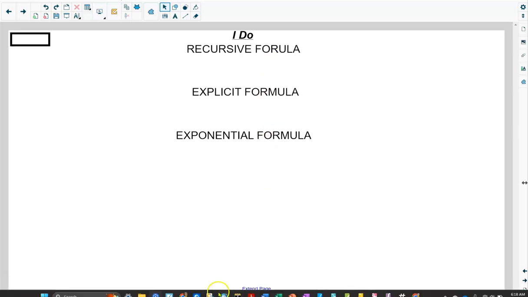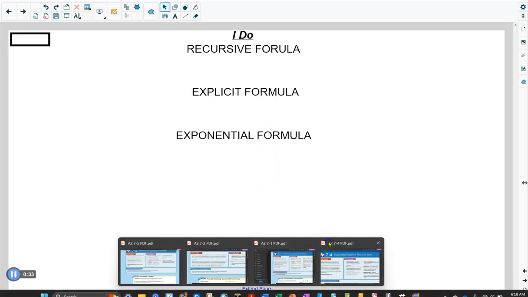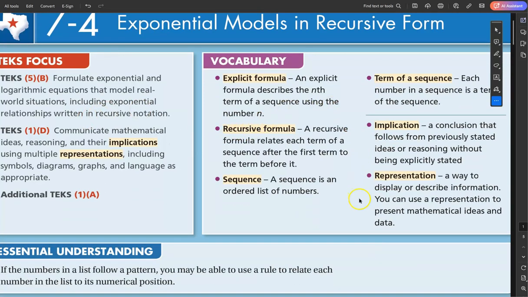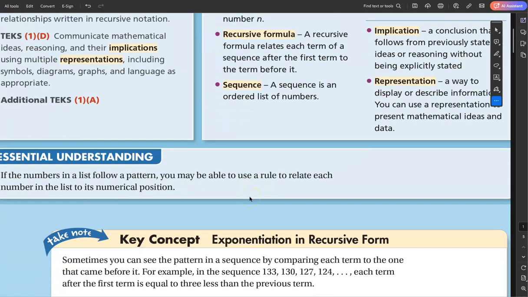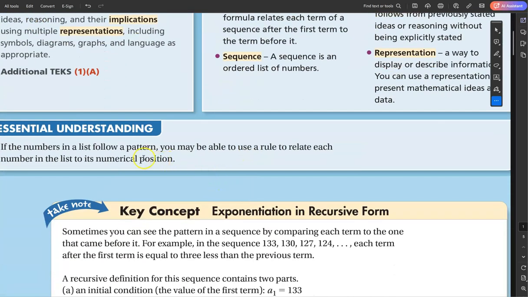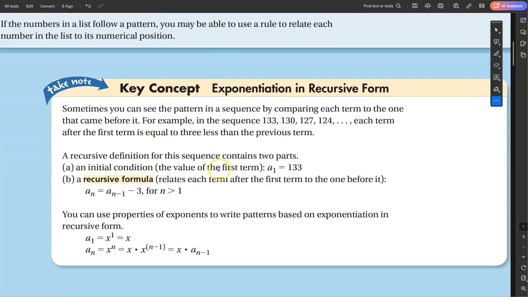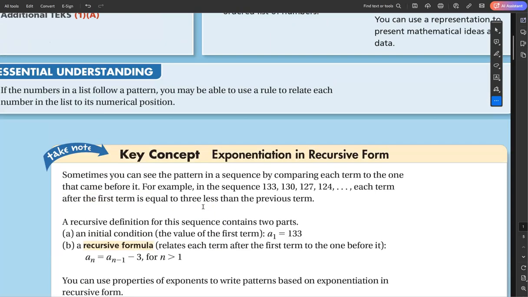Again, this is not child's play. There's a lot going on here, pretty intense, so you'll definitely need to appreciate what you're doing. From the TEKS to vocabulary, this essential understanding, and then we'll take some time and read our little intro.